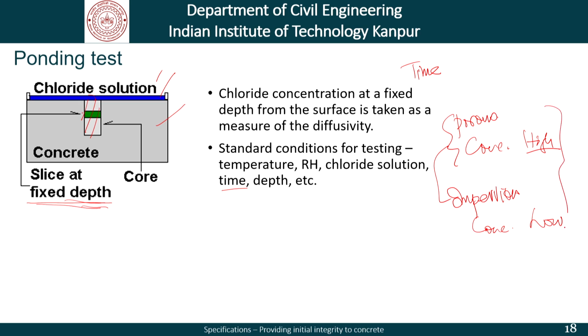So basically, as far as specifications are concerned, we can say that yes, you carry out this test and the concrete will be acceptable if the concentration at depth is equal to so much, not greater than some number. Now that is the challenge to people who are writing specifications.